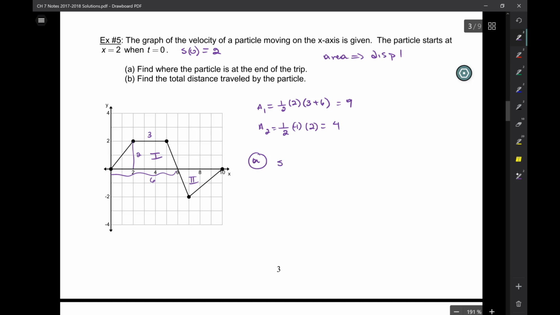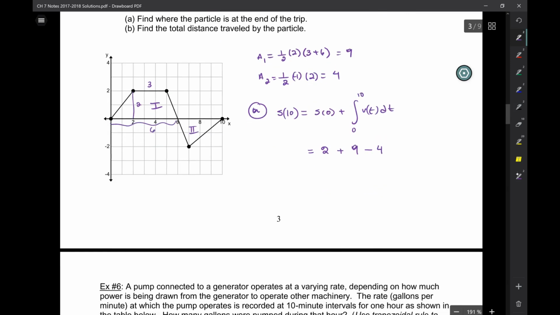So the end of the trip, the position, that's S of 10, that's equal to S of 0 plus the integral from 0 to 10 of v of t dt. S of 0 is 2 plus 9 minus 4. So that's 7.